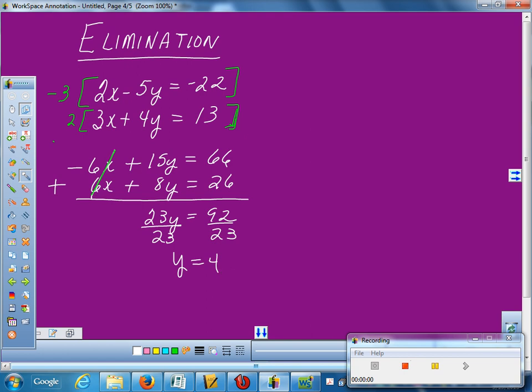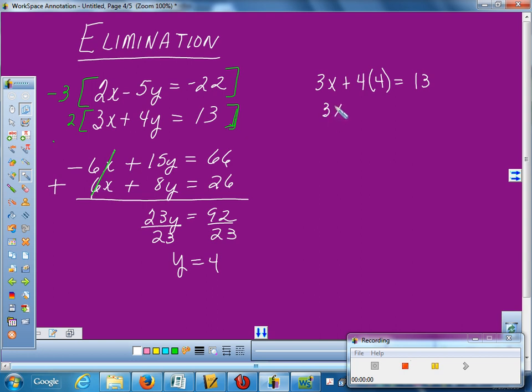Now on this one, where do you get x? You've got to go back to one of the starting equations. It doesn't matter which one, whichever you think looks easier. You're going to solve for x. So what do y'all pick? The bottom one? Okay, she picked the bottom one. So I'm going 3x plus, and in place of y, I'm putting 4, which is supposed to equal 13.